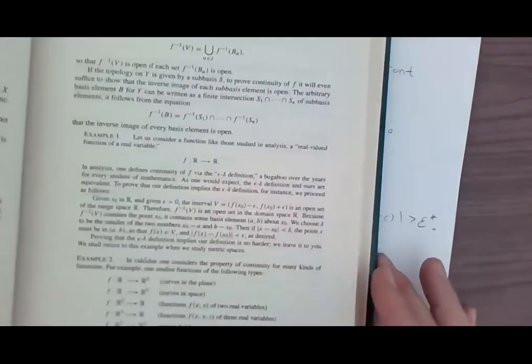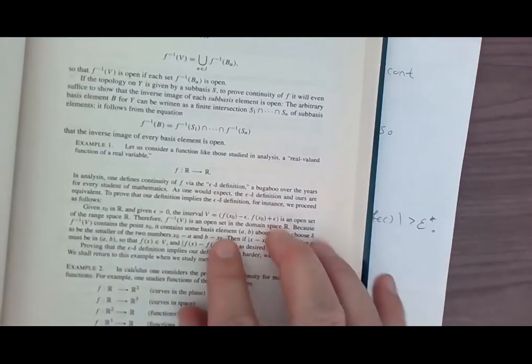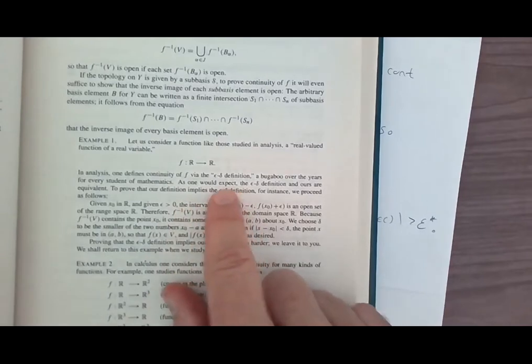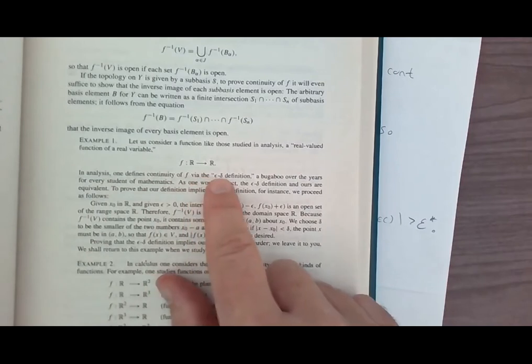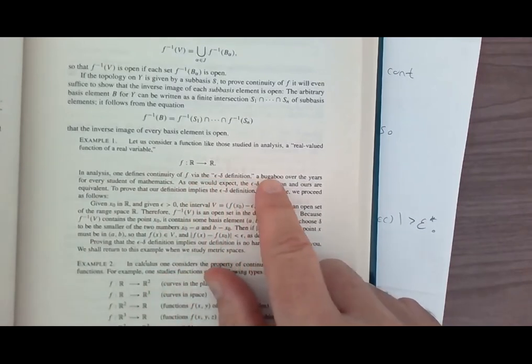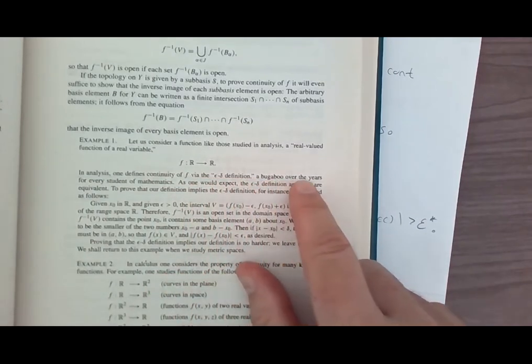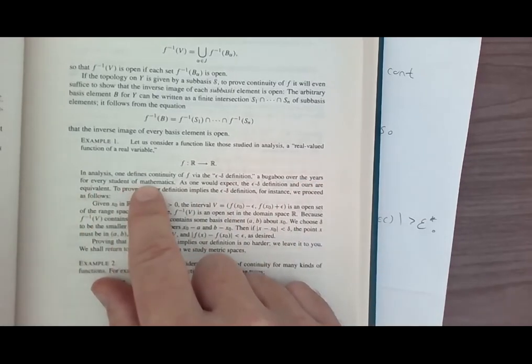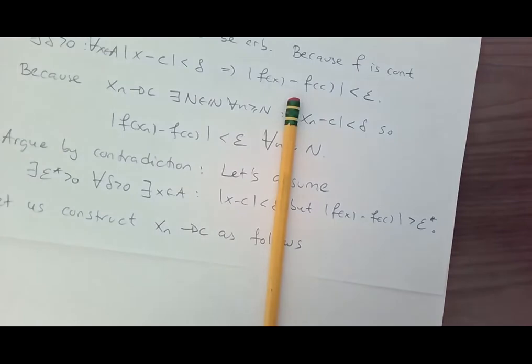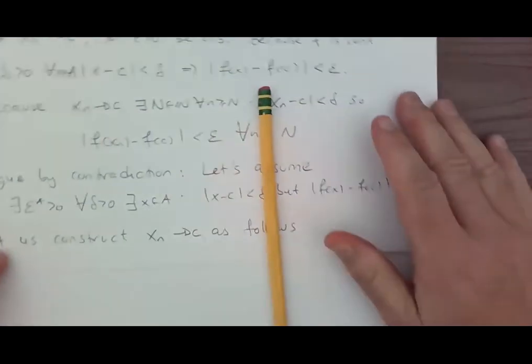And here's what he writes. In analysis, one defines continuity of f via the epsilon delta definition, and then he calls it a bugaboo over the years for every student of mathematics. So this is his take on what this epsilon delta definition should be called.